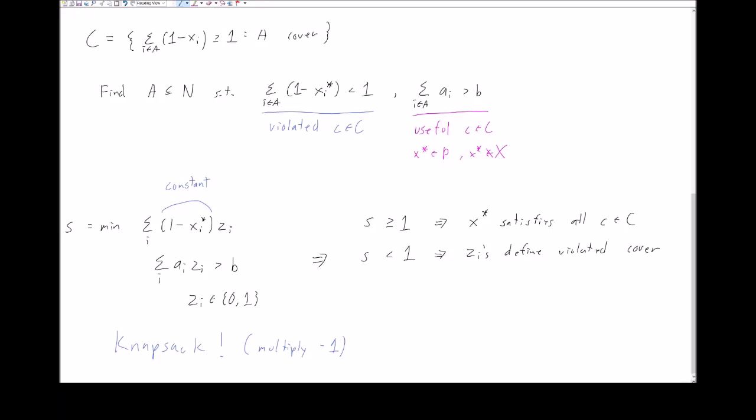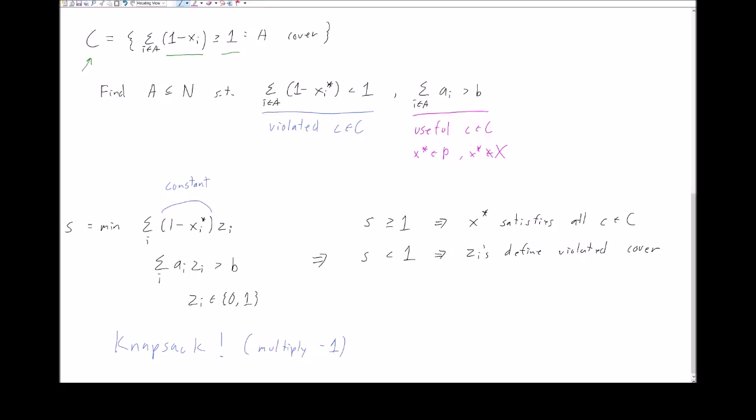The basis for our separation algorithm is going to be the alternative characterization that we have of the cover inequalities. Namely, the sum over all the i's in the cover of 1 minus xi is greater than or equal to 1. Our objective is to find some constraint inside of our capital C that's violated by our solution X star.